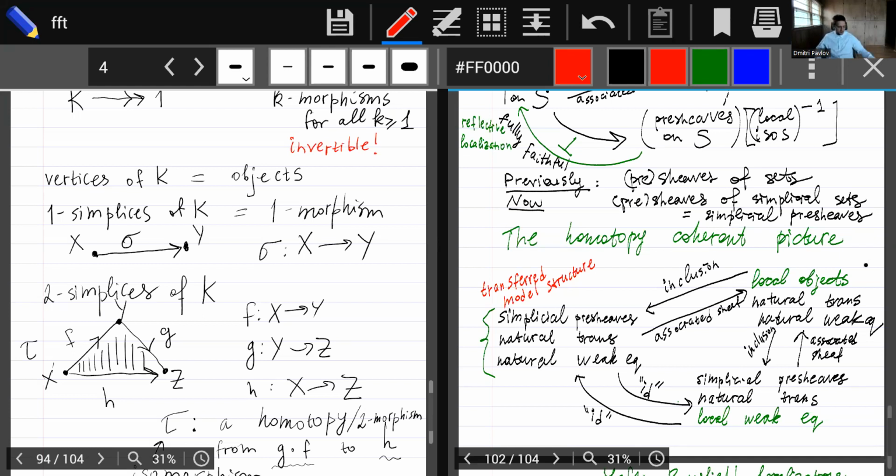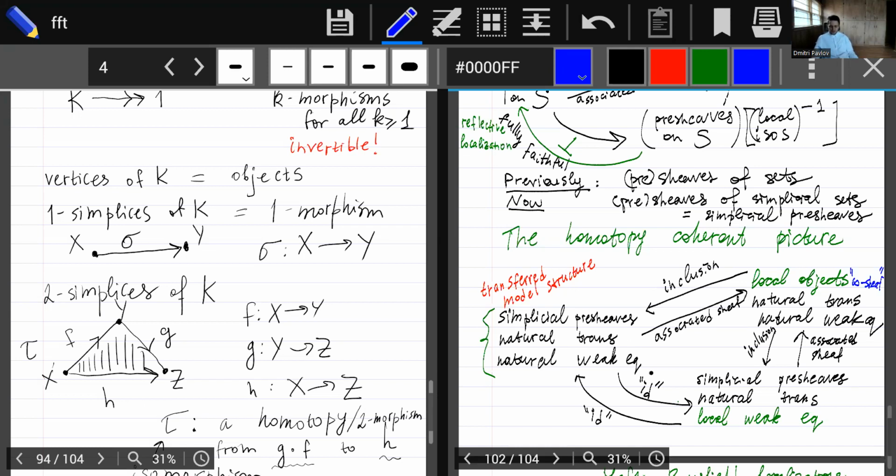You can say infinity sheaf, but this also brings some inappropriate associations with quasi-categories, which we are not using at this point. Yeah, so there's an analog of the associated sheaf functor.